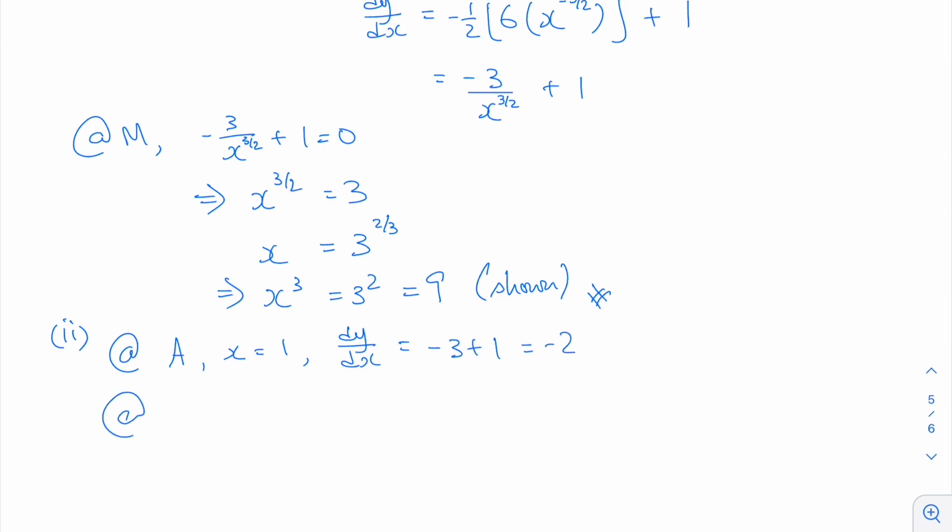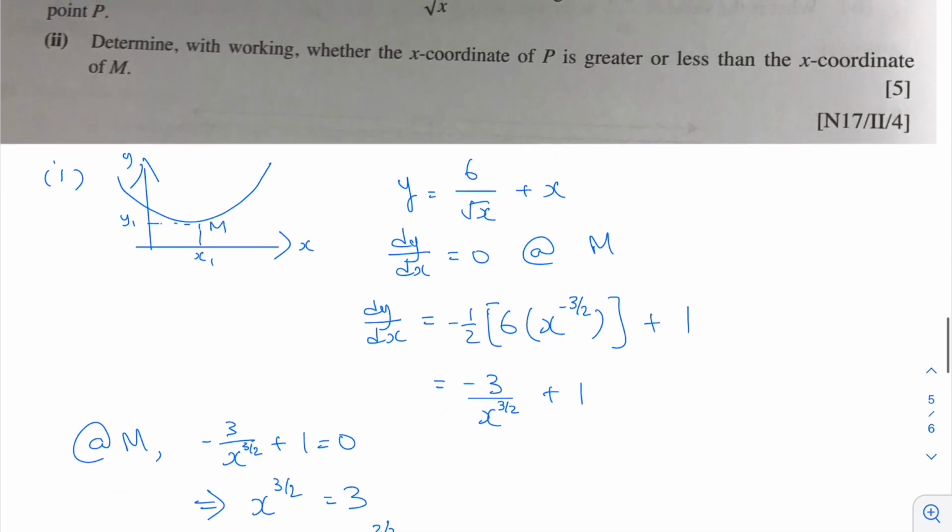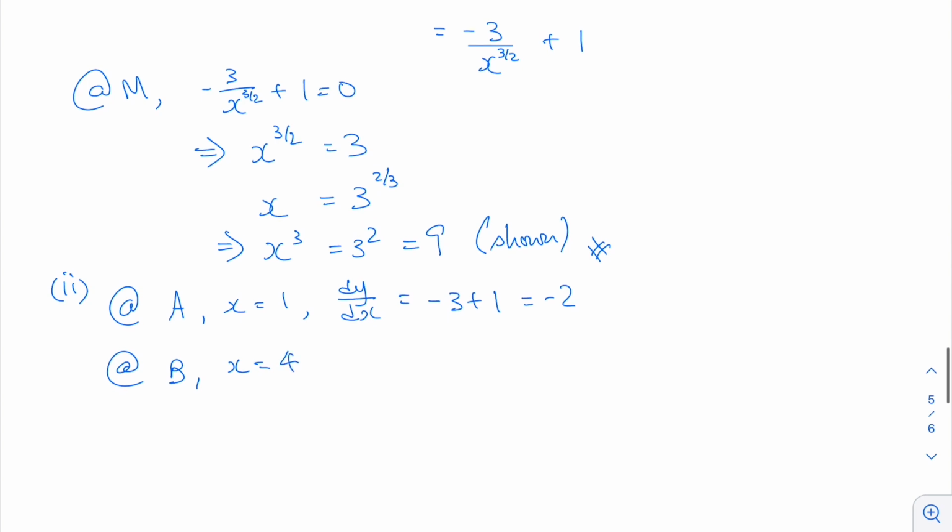At point B, x equals 4. So the gradient: 4 square root is 2, 2 cubed is 8, so negative 3 over 8 plus 1, which is 5 over 8. So you have the respective gradients of the 2 tangents.